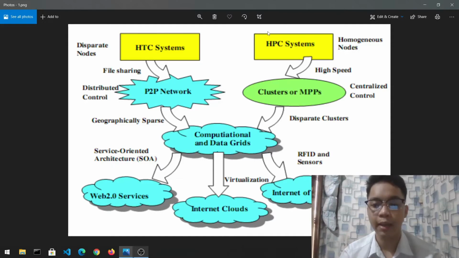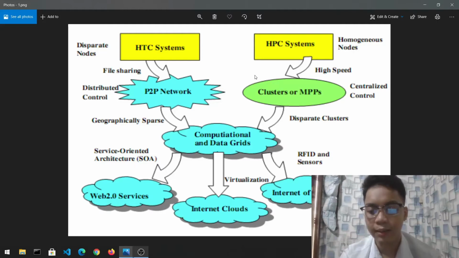And HPC systems, or high performance computing, fall to homogeneous nodes. That means each computer is performing the same task and is connected to each other. Both are used if you are dealing with complex and big tasks that will be processed in a short period of time.